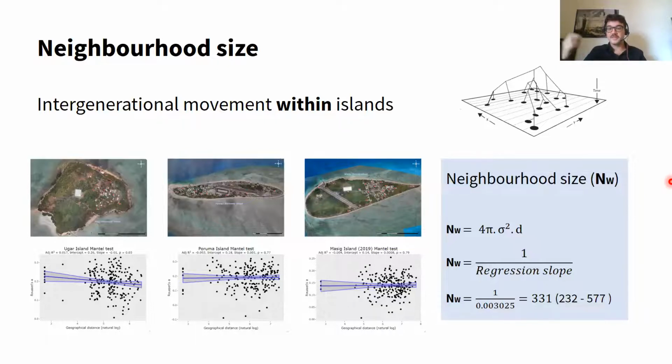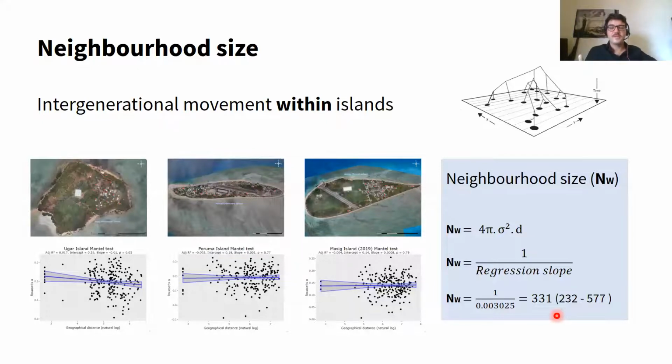So say from egg to egg, you're an egg, you start somewhere, and then you go around, and then you lay an egg somewhere. The distance there, that is the variance in that, not the mean. The variance is sort of dispersal in a population genetic sense, and this is density, the effective density. So basically, I wouldn't treat this as an actual number of mosquitoes, but it's useful as a relative measure.